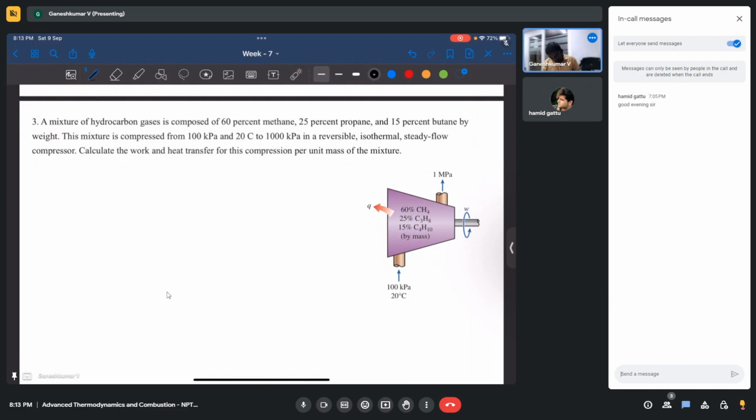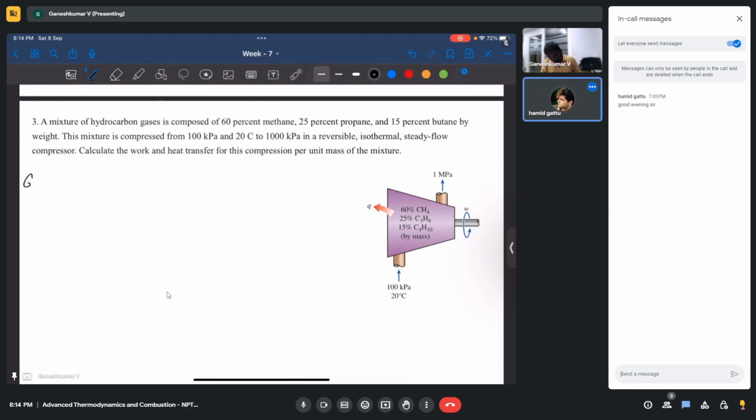So we have hydrocarbon gases, CH4 and so on. One more thing: the last example was by volume, here it is by mass. When we say by volume, we found out that it's nothing but mole fractions. Since it's by mass, it's simply mass fractions.